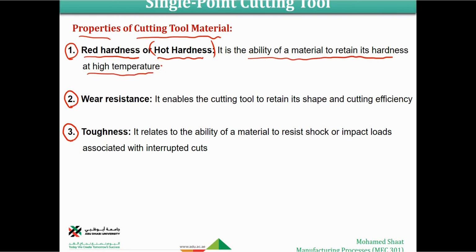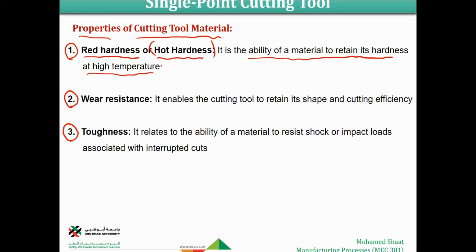We may have a material with high hardness. If you remember from the start of this class, we defined hardness as the ability of the material to withstand the indentation of other objects on its surface. So I could bring a material with high hardness and make the tool from it, but unfortunately this material probably won't have the ability to retain its hardness at high temperature.